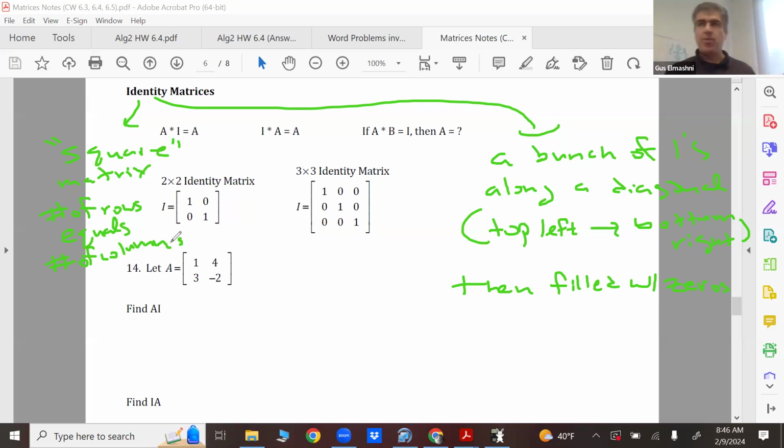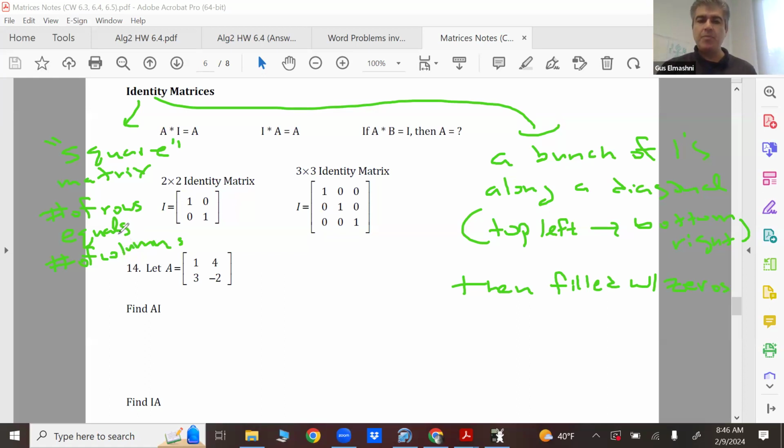So you're not gonna have a 2x3 identity matrix. You're not gonna have a 3x2 identity matrix. It's always gonna be 2x2, 3x3, 4x4, 5x5, and so forth. And it's a bunch of ones that go on a diagonal from top left to bottom right, and you fill the rest with zeros. That's called an identity matrix.